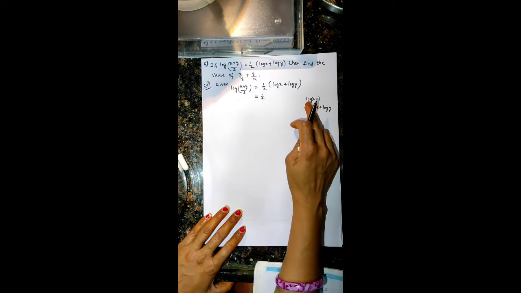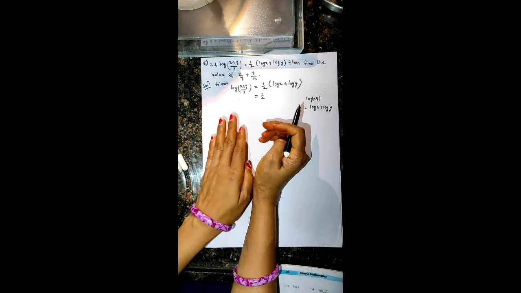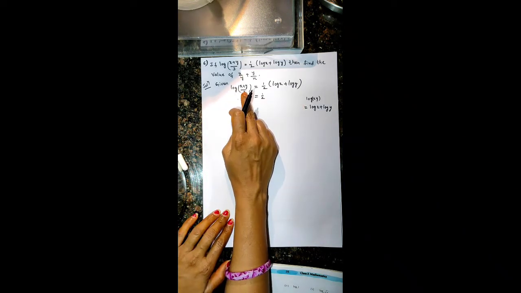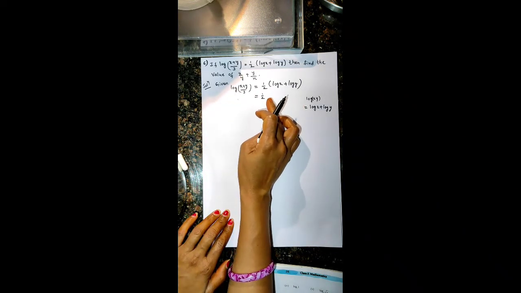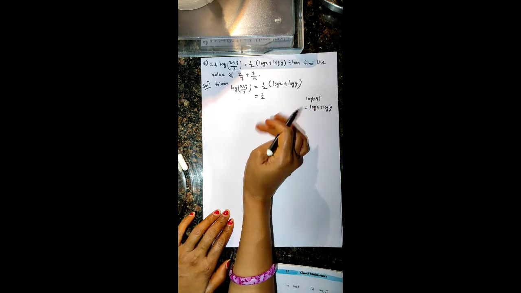Why are we writing log xy? To remove logs. If on the left side you have only log of something, and on the right side also log of something, we can cancel.